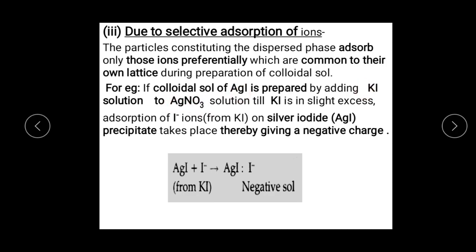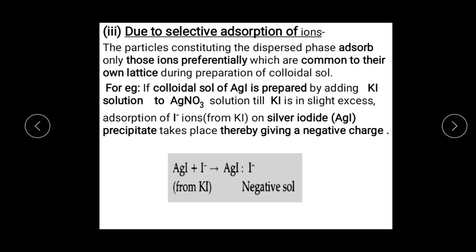Now you have to see here, AgI colloidal sol is prepared. During the preparation, we can prepare AgI in two ways. When we add AgNO3 to KI or KI to AgNO3, we will get AgI precipitate. In both cases we get AgI precipitate. But here we are applying a condition.